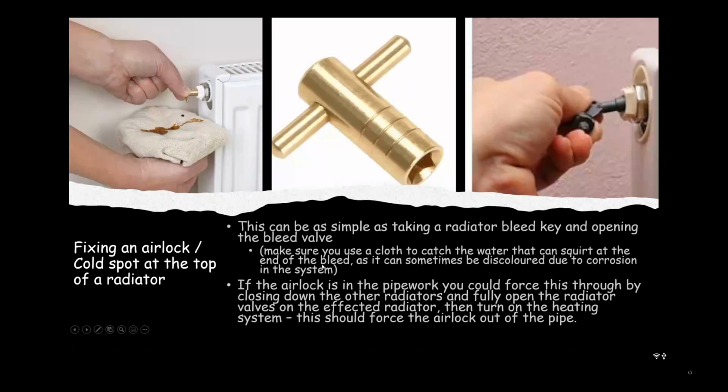If the airlock was in the pipework, potentially you could force that through by closing down all of the other radiators, turning on the heating system, and hopefully the pump could then push that airlock through.